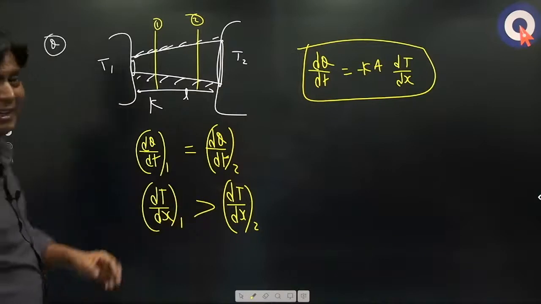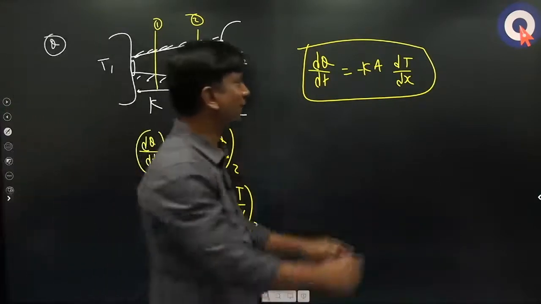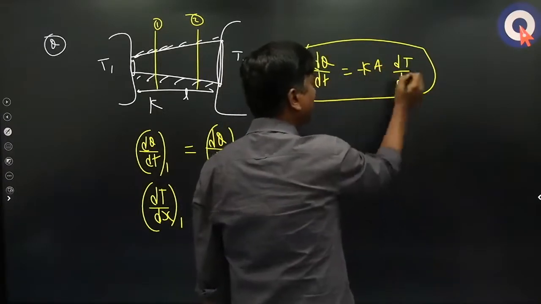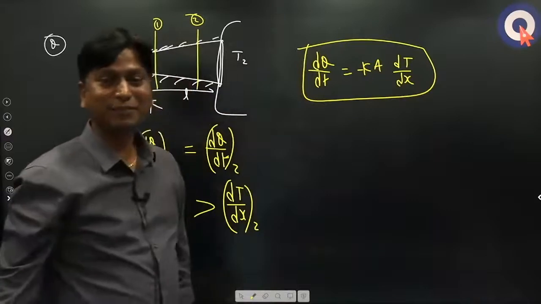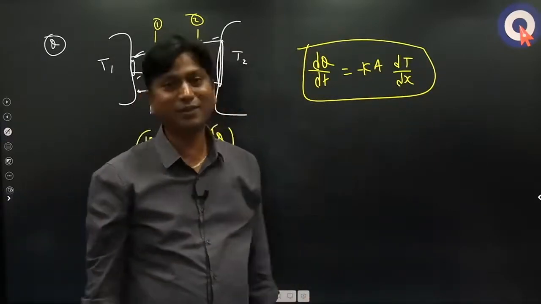It is something like a continuity equation. In the continuity equation also, area into velocity is a constant; here you treat dt by dx like a velocity. These things apply in three chapters: heat transfer, current electricity, and fluid mechanics. Here, the rate at which heat is transferred is the same through both sections.